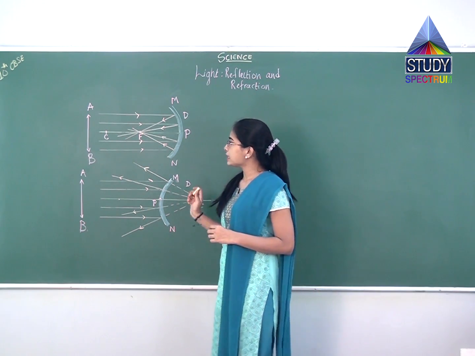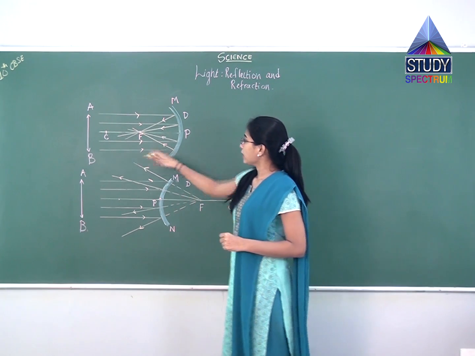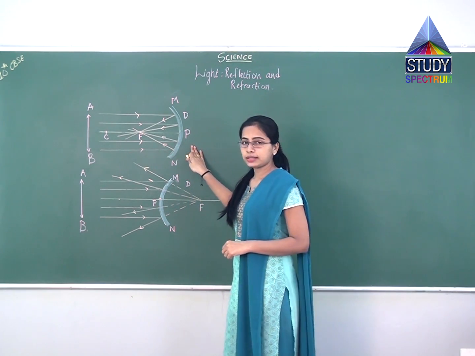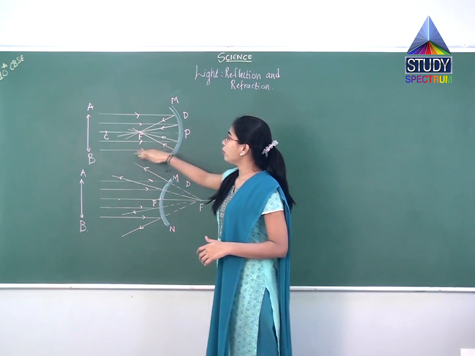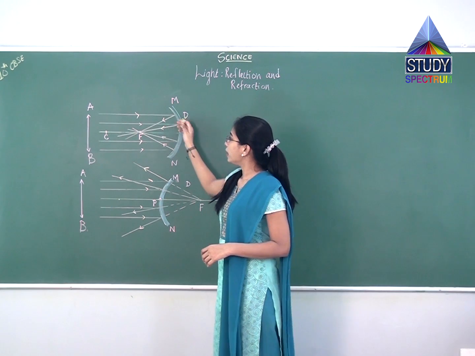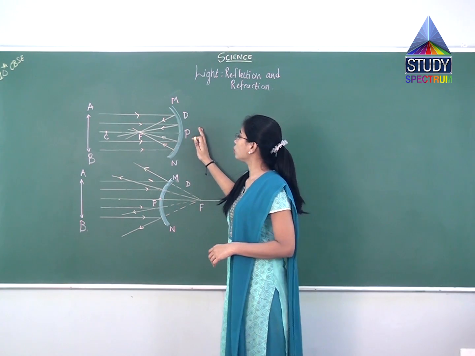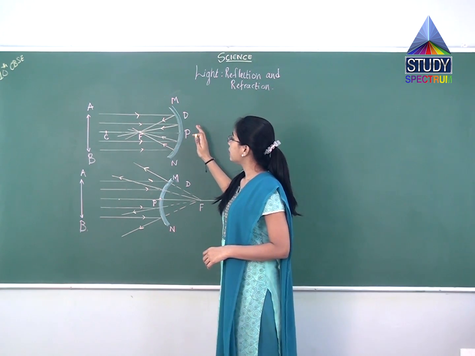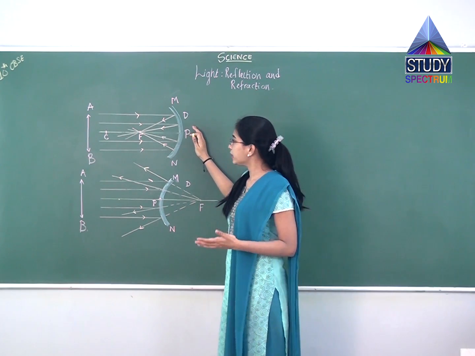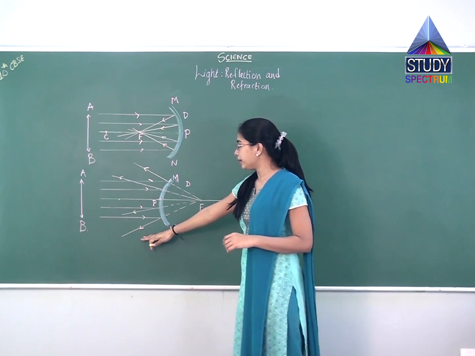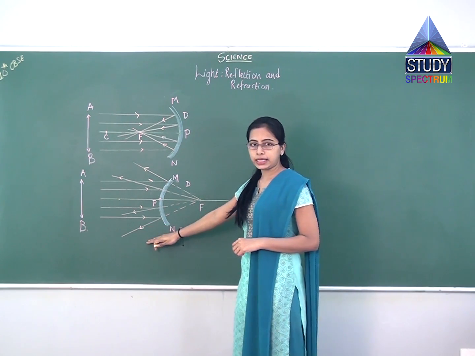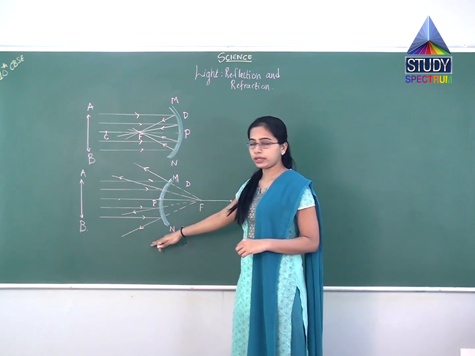Now, you can see here, in the first case, I have a concave mirror. A beam of parallel rays is incident on the concave mirror and all the rays get reflected and concentrated in a single point. Similarly, here in the second case, it is a convex mirror.